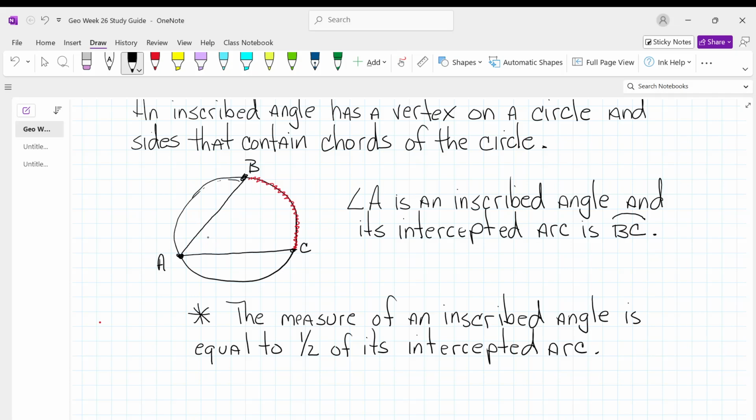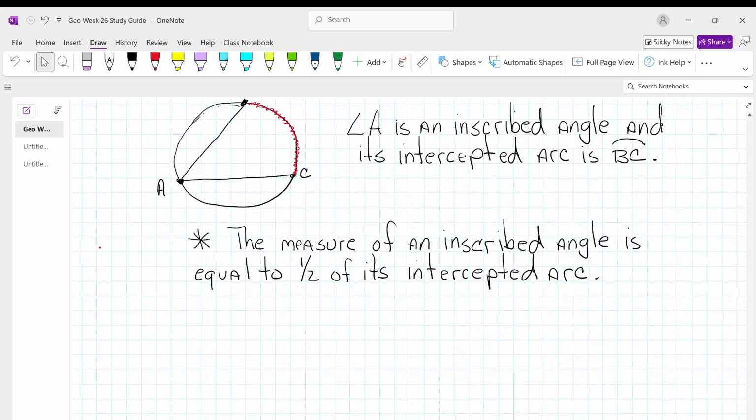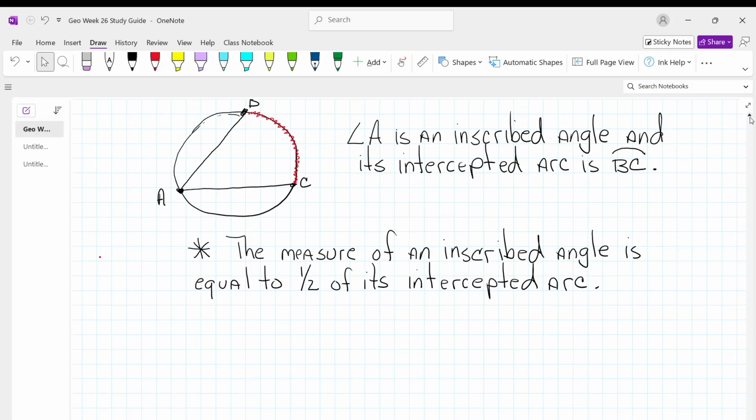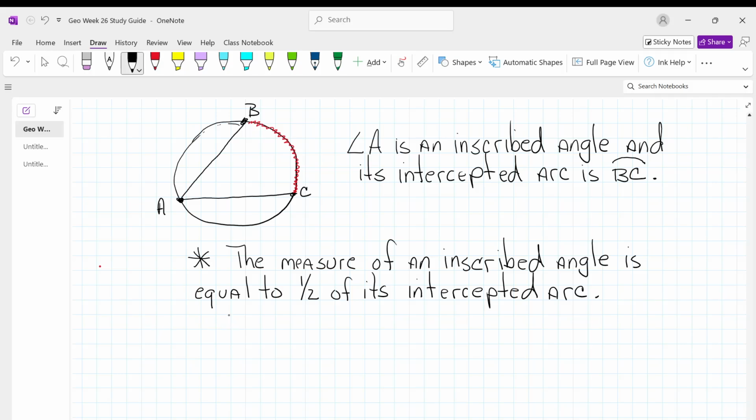The measure of angle A here is equal to 1/2 the measure of arc BC. So we can say the measure of angle A is equal to 1/2 the measure of arc BC.